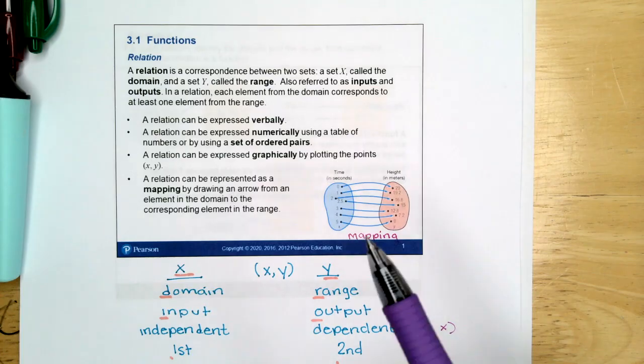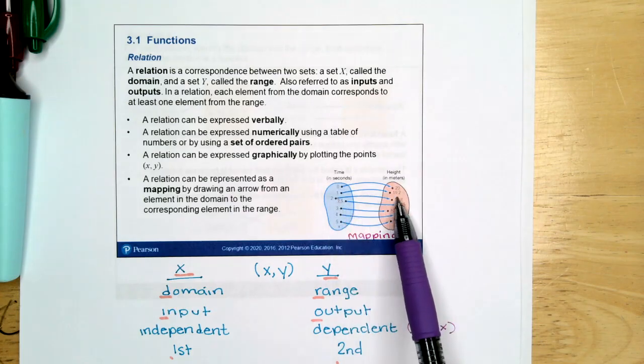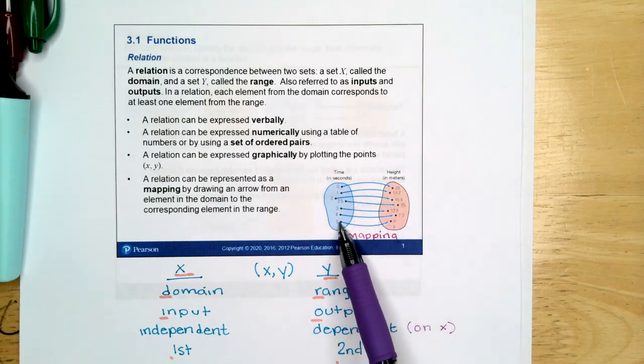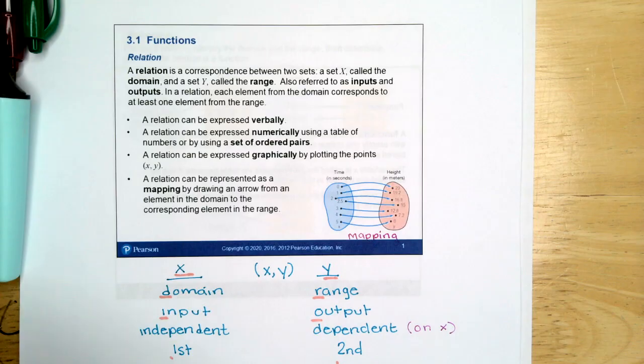After 1 second, I moved 19.2 meters up. After 5 seconds, I moved 0 meters up. That would be the verbal expression. I guess I don't know what this mapping is of.